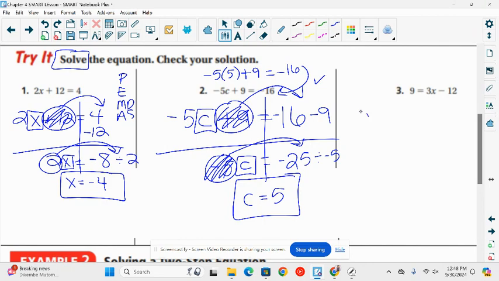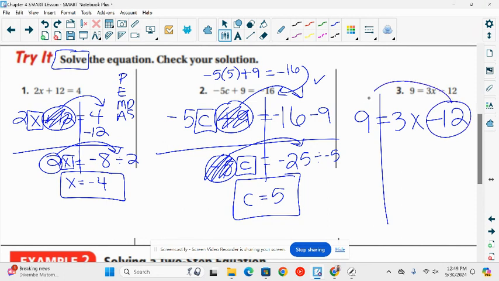So I had 9 equals 3x minus 12. What did we move first? I move the minus 12. How do we move it? What did we do to it?